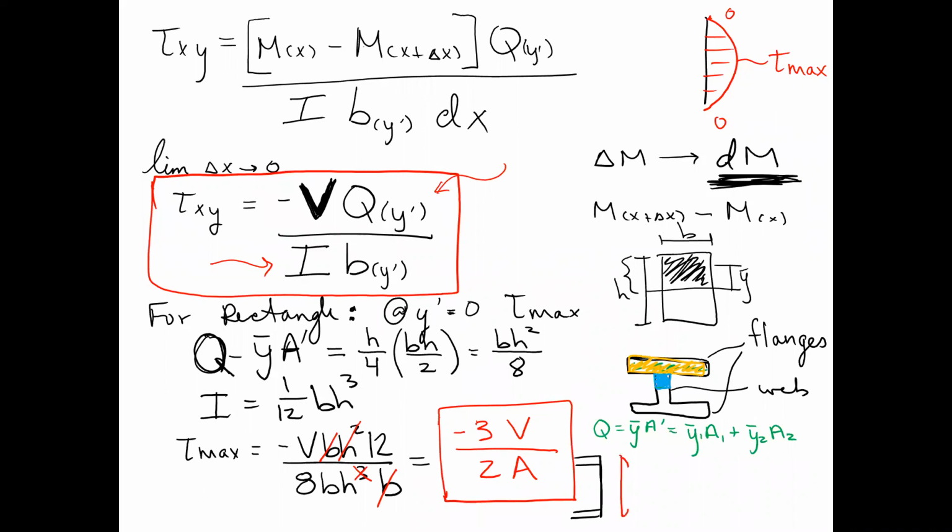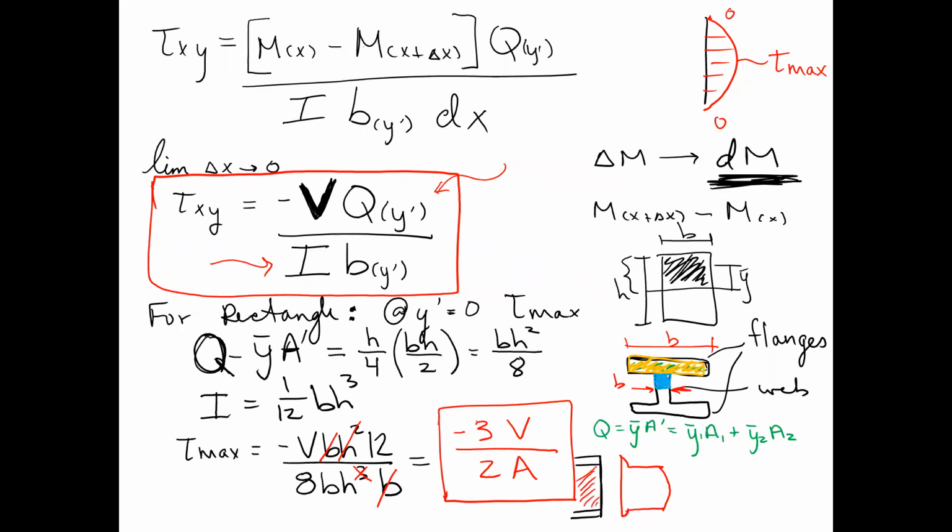You have these little tiny parabolas at the top and bottom, a big discontinuity because B jumps. B starts out big, and then it gets real little. And then this part also has a parabolic shape. And so what we see is that most of the shear stress is carried here in the web.